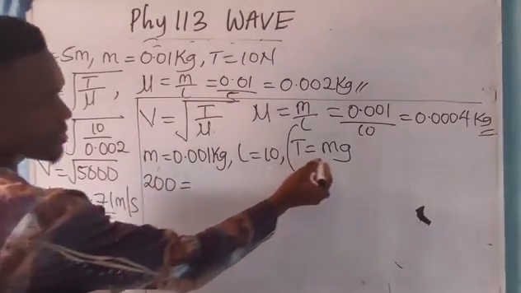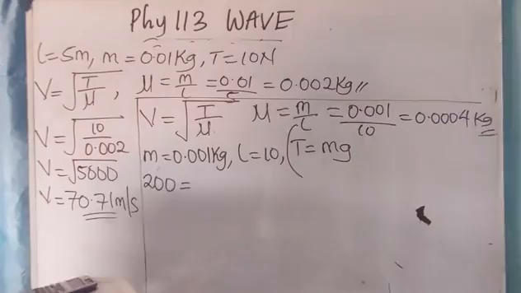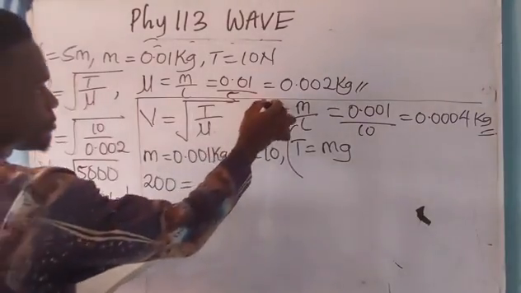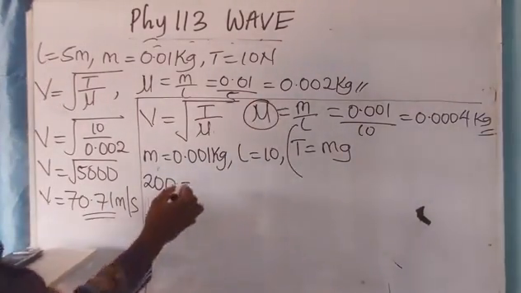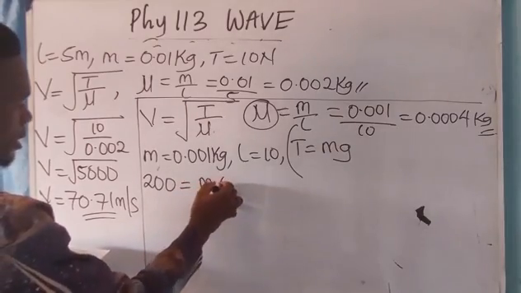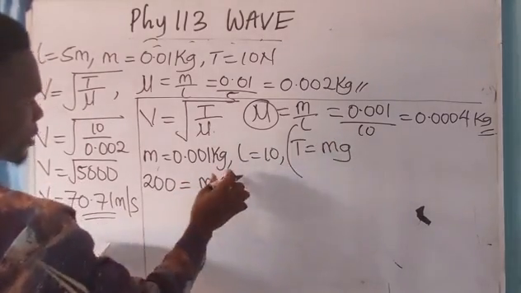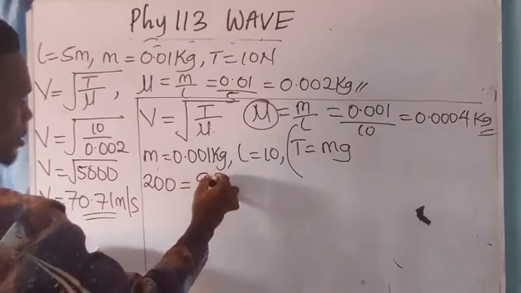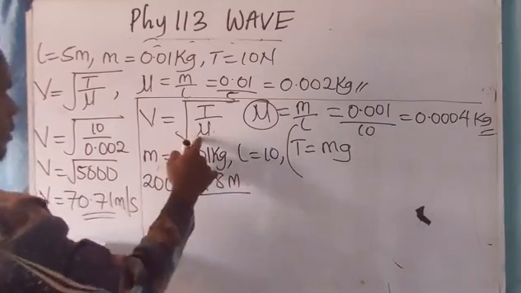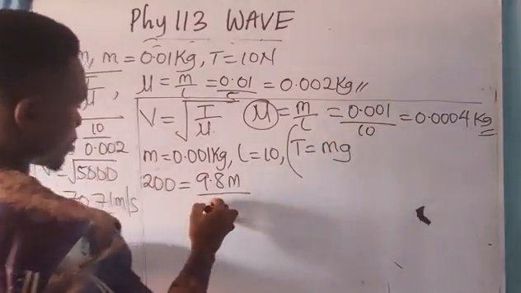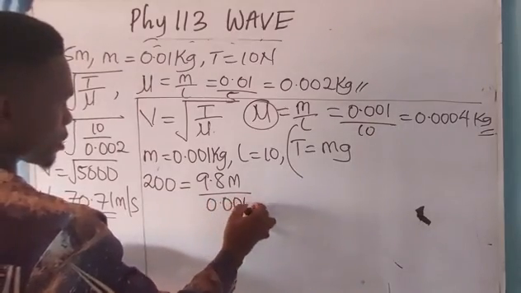So it is this mass that we are looking for. We've been able to get the value of U, which means we'll say mass times 9.8, which is simply 9.8m, over the value of U, now 0.0004.